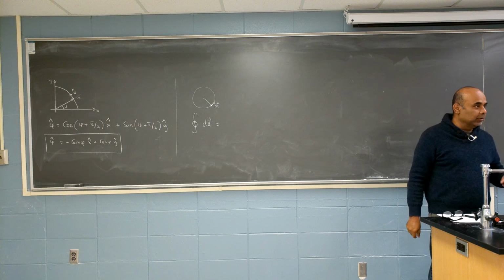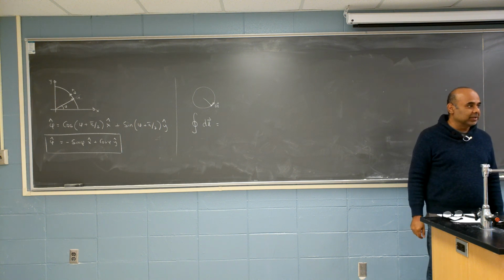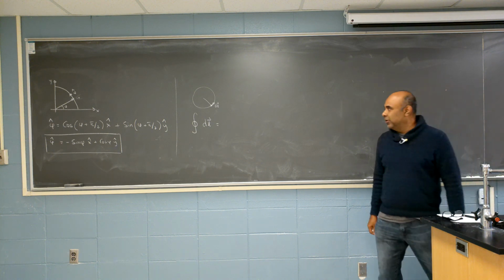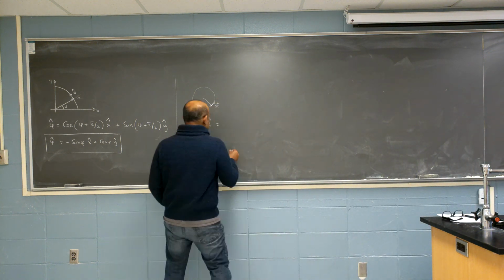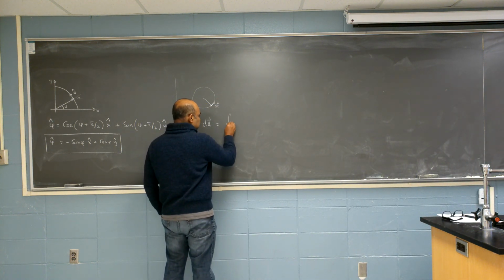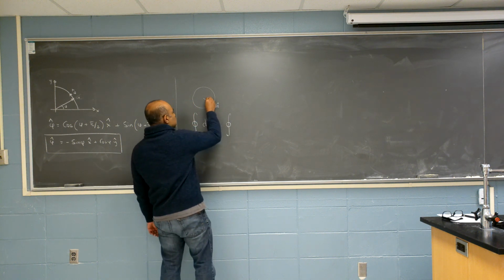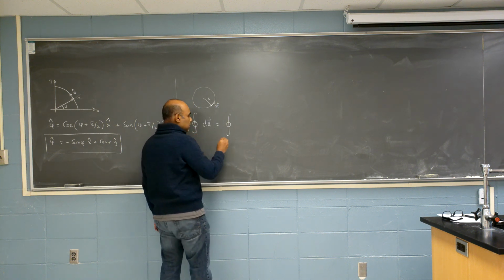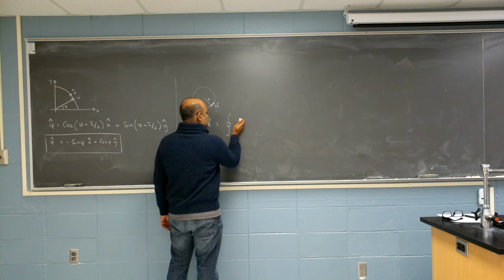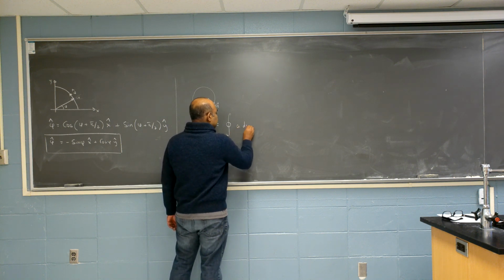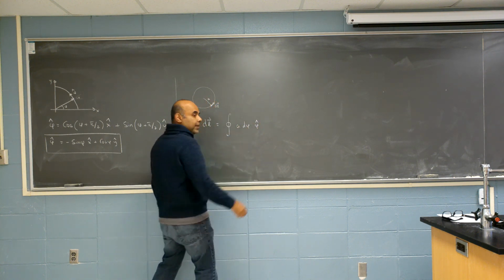If you integrate along the loop, it's the final point minus the initial point. But if it's a closed loop, it's the same, right? I should get 0. So we should be very careful. I would want to write initially, say this is radius A, then this is A times d phi hat.